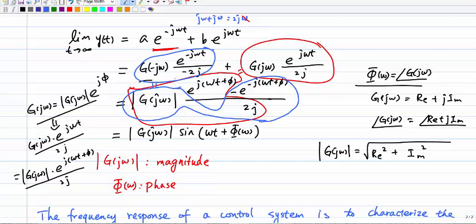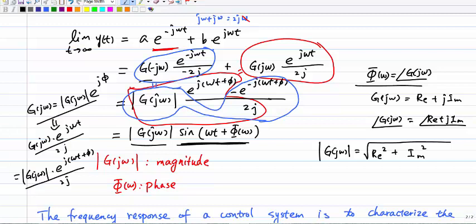Put them together, it becomes G(jw) times e^(j(wt+phi)) minus e^(-j(wt+phi)) divided by 2j. This can be further simplified as G(jw) times sin(wt plus phi(w)). I don't want to go into this, you can go back to check why e^(j(wt+phi)) minus e^(-j(wt+phi)) divided by 2j is just sin(wt plus phi(w)).